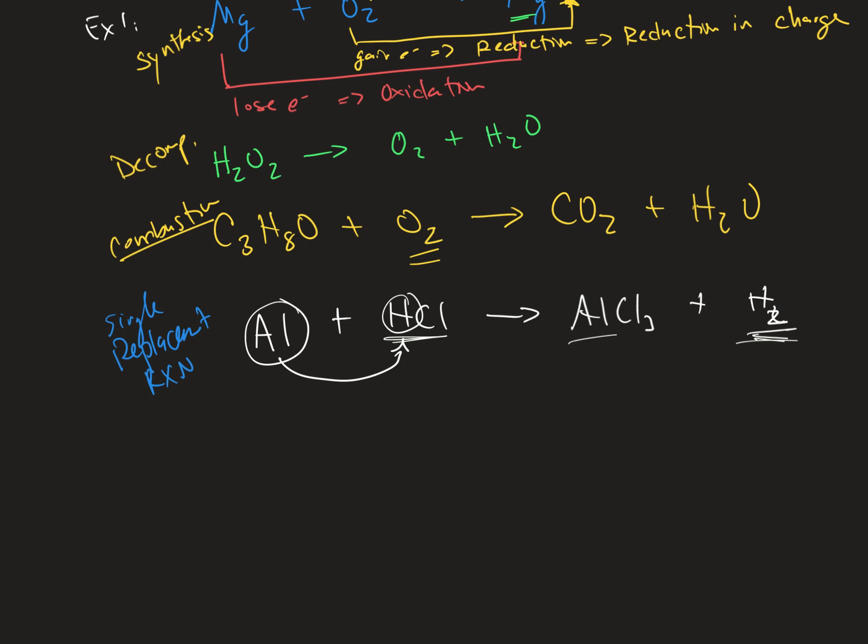Single replacement. One means single. So the H2 that you put in the bottle, it gets replaced. I put HCl in the bottle, and it reacted with the aluminum and made aluminum chloride and hydrogen gas. So hydrogen gas was separated, that's why. Yeah, we got the hydrogen gas in the balloon.